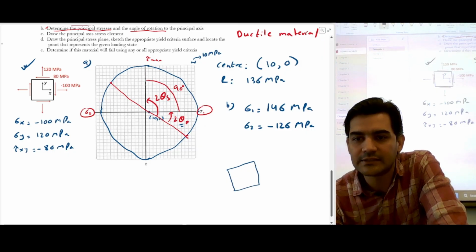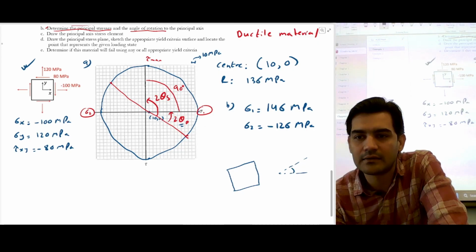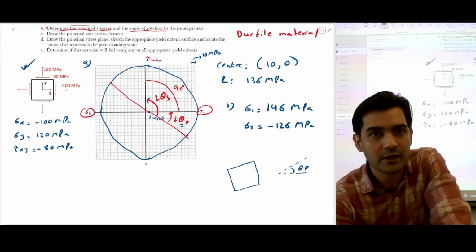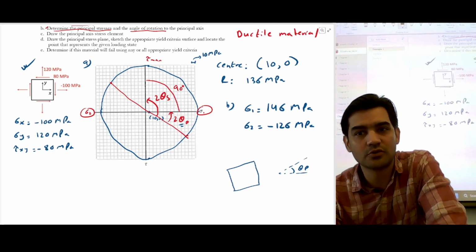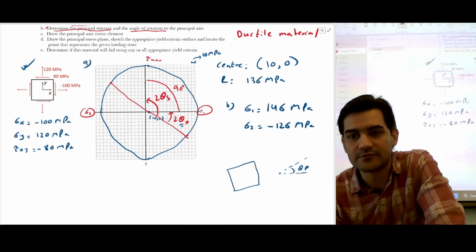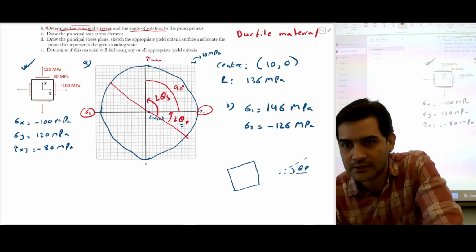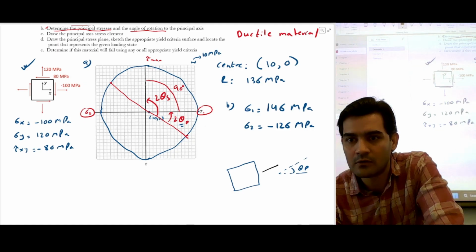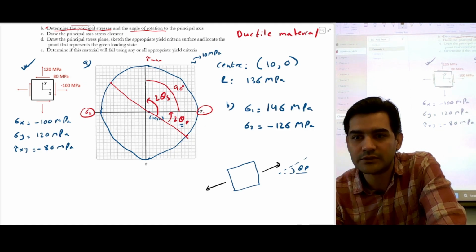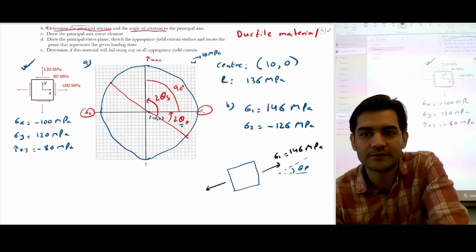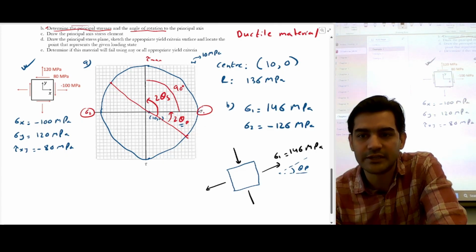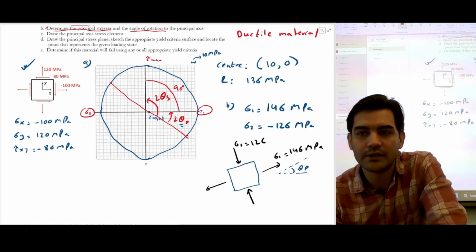If you rotate the stress element by theta p, you're going to get the maximum normal stresses, which are also called in-plane principal stresses for a two-dimensional stress element. So you will have stress 1, which is 146 megapascals, and stress 2, which is negative, so compressive, 126 megapascals.